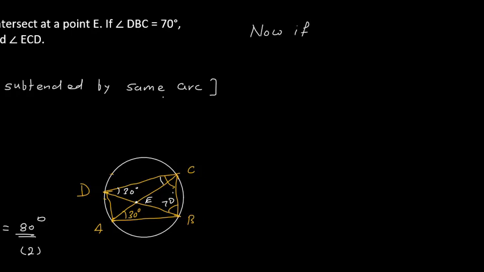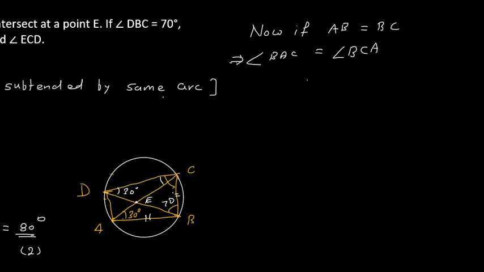If AB is equal to BC, then what can we say? This implies angle BAC, because if this side and this side are equal, then their opposite angles are going to be equal. So angle BAC is equal to angle BCA.